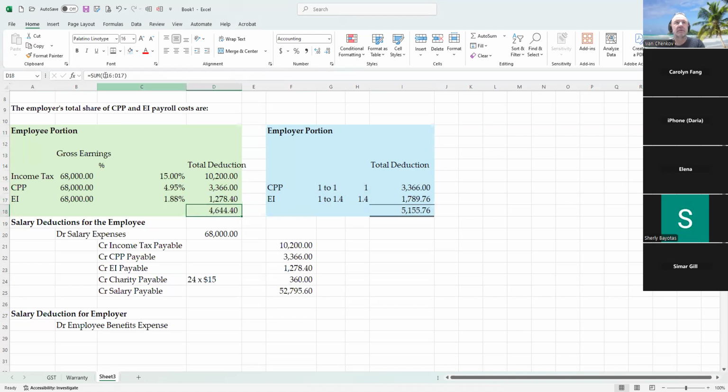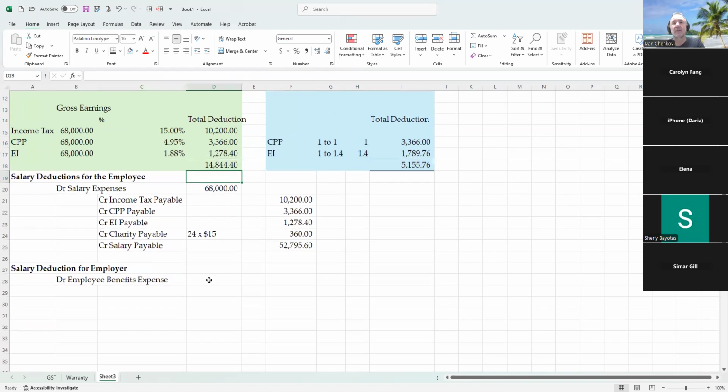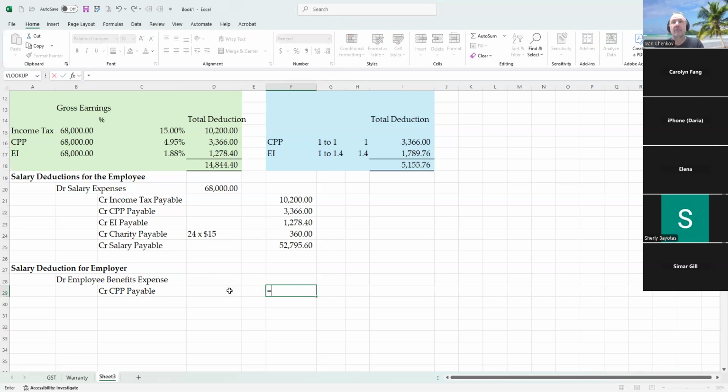In the total deductions here we have to include the 15. So credit will be Canada Pension Plan payable for the same amount as above. And the next one will be credit employment insurance payable for this amount times 1.4.